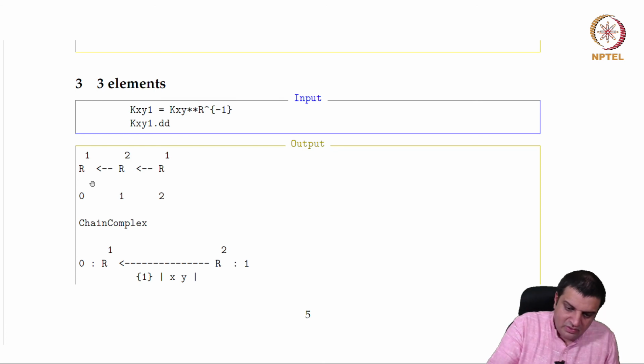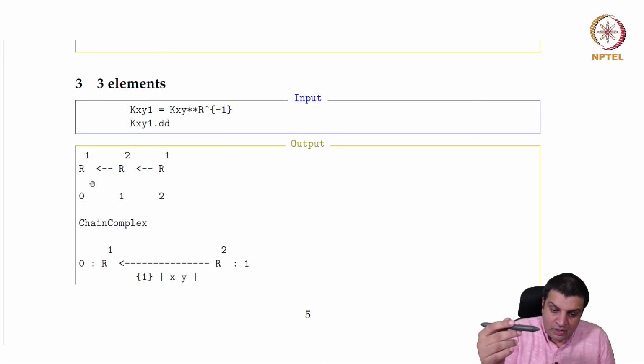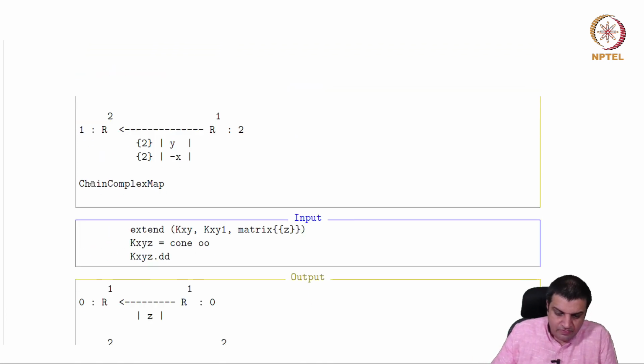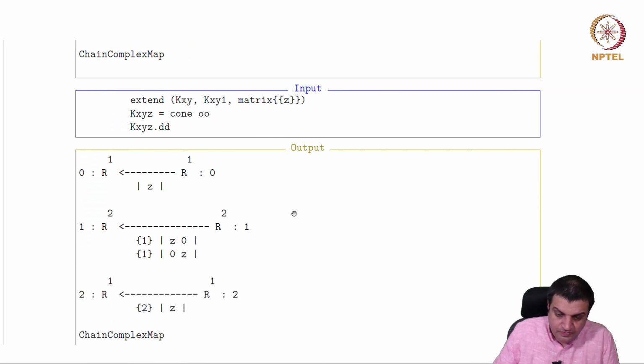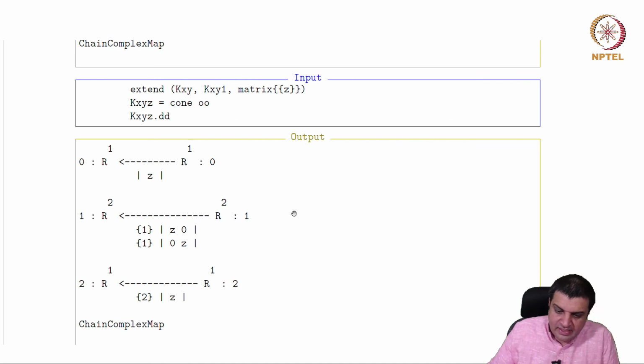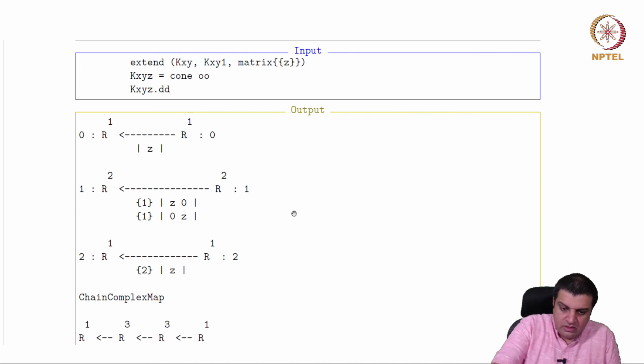Okay, so now we do the same thing. We take the complex kxy and then shift its degrees by 1. All that we have done is just shift its degrees. Now the new complex was called kxy1. So we get a map from kxy1 to kxy, multiplication by z, then ask for its cone. This is the extension.